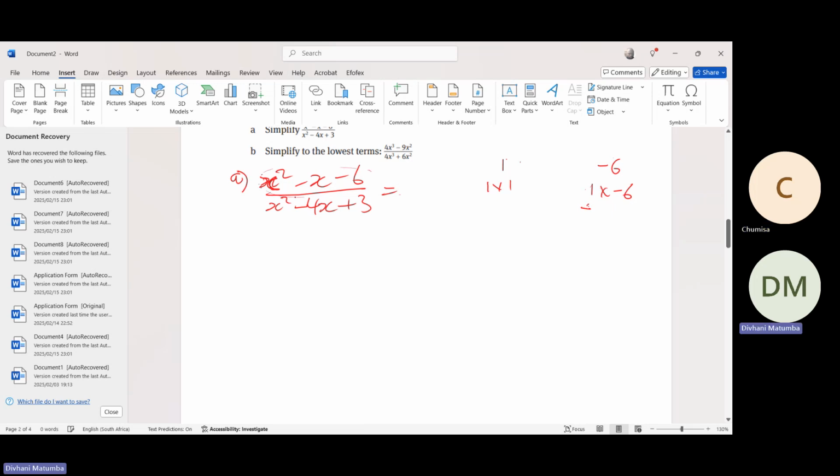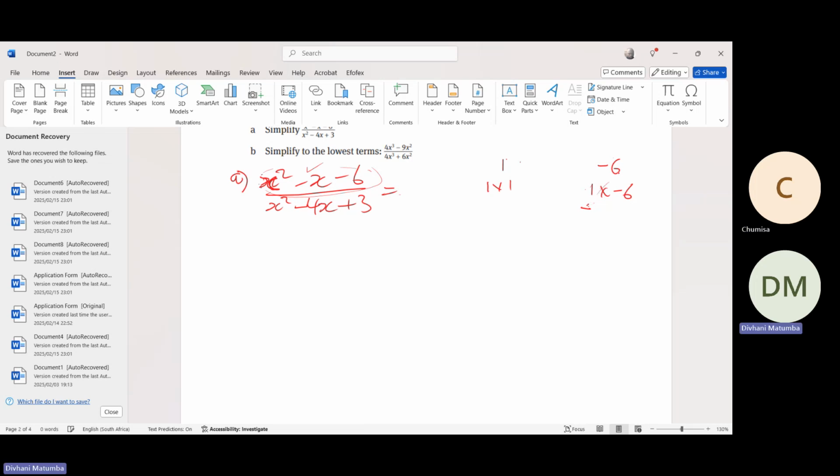No. I'm only focusing on this one because we have to factorize one at a time. You can't mix the two. Just act as though the denominator is not there. I just want to factorize the numerator first.